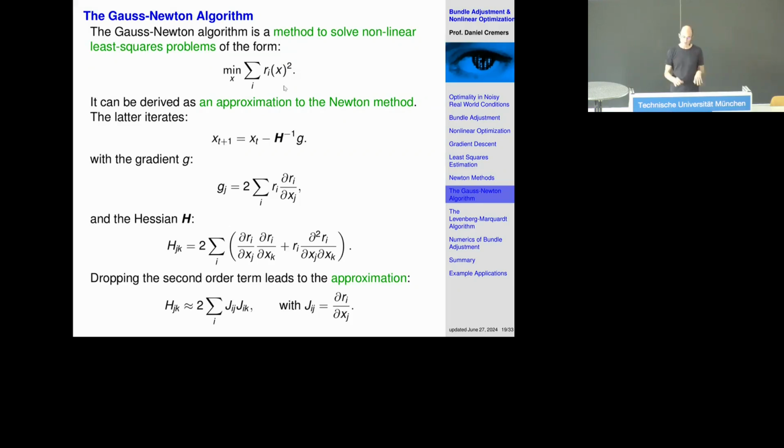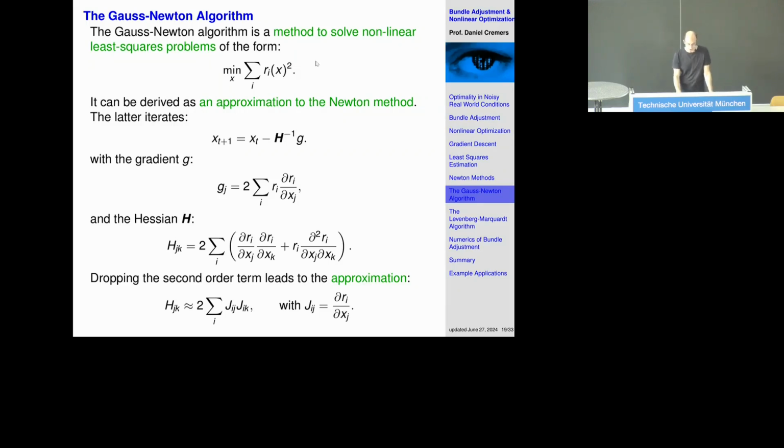It is often useful to reduce the loss function into a compact form so that you see what the structure of it is: some residual that depends on the unknowns x, rotations, translations, and the 3D points, and then squared and summed up, right?